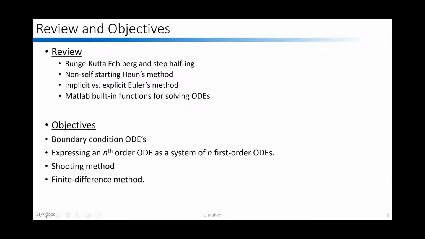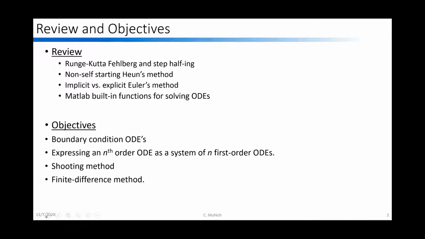So just as a review, last time we covered methods to solve complex or ill-behaving numeric initial value problems, which required adaptive approaches, usually because the equations are rather stiff.